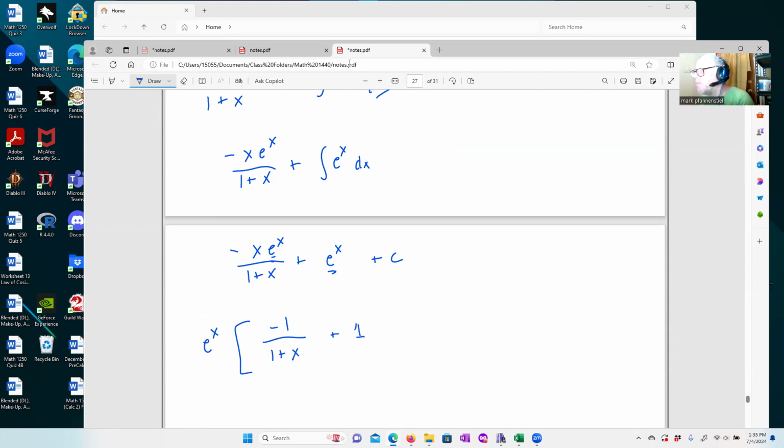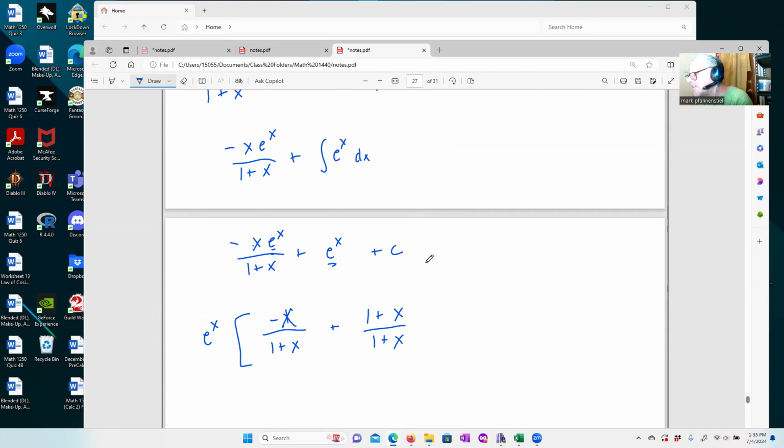Now, I wrote down the 1. The first thing I'm going to do is get a common denominator. What I'll replace this 1 by is 1 plus x over 1 plus x. Let me put an x back here, because it was negative x e to the x, and I factored it out.